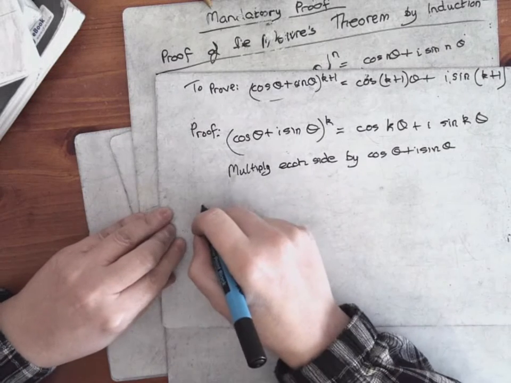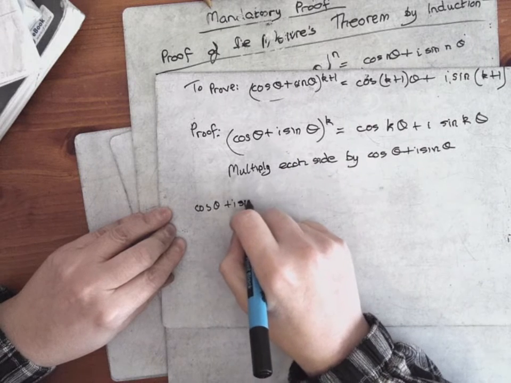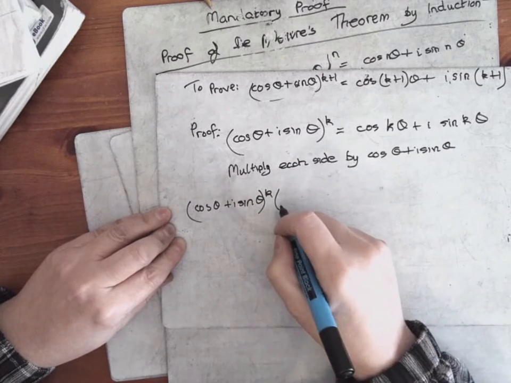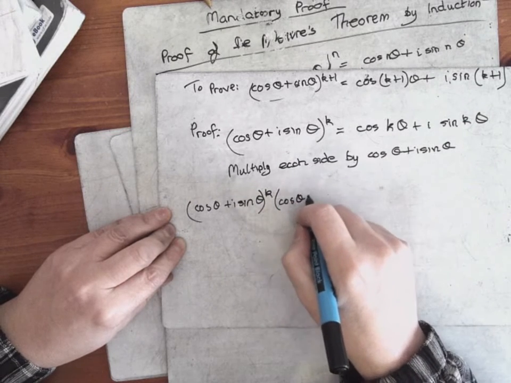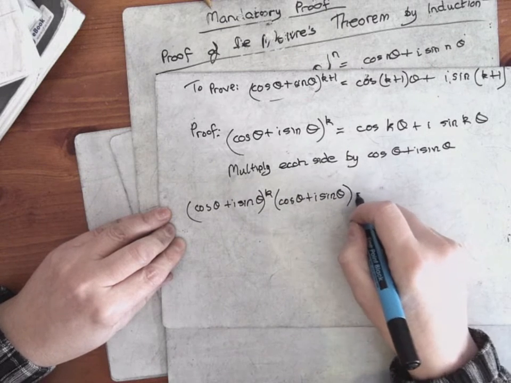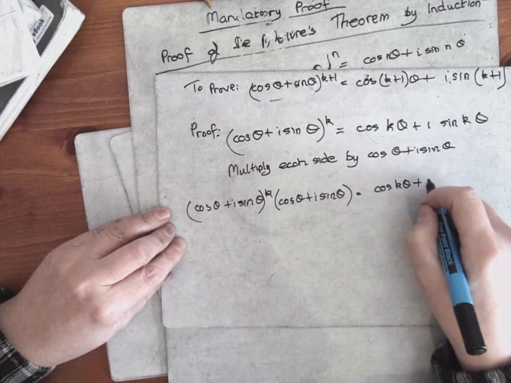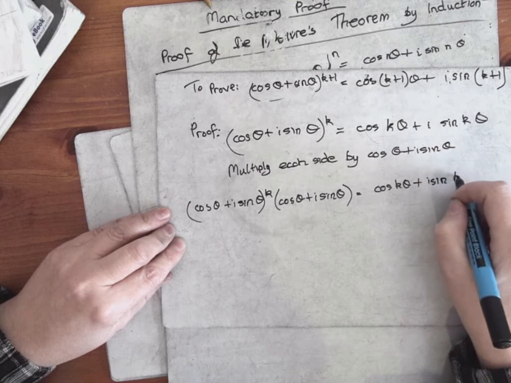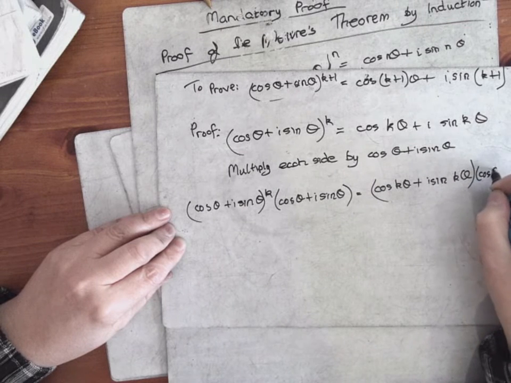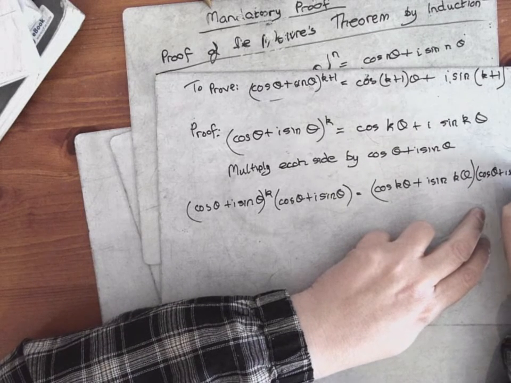If I multiply cos theta plus i sine theta to the power of k, that's the left side, by cos of theta plus i sine theta, and over the other side I have cos of k theta plus i sine k theta, and I want to multiply that by cos theta plus i sine theta.